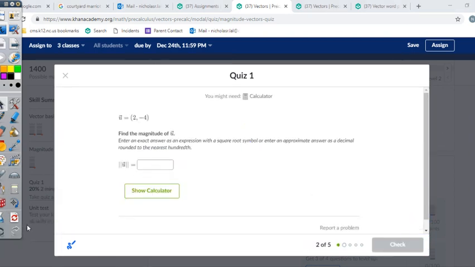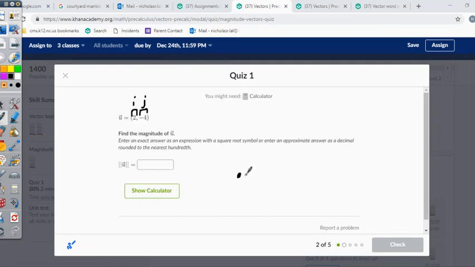We need to find the magnitude of vector u. All right. So if this is the horizontal component and this is the vertical component, 2 is the horizontal component, -4 is the vertical component. We can find the magnitude of the vector. In fact, we can draw it. We start here.